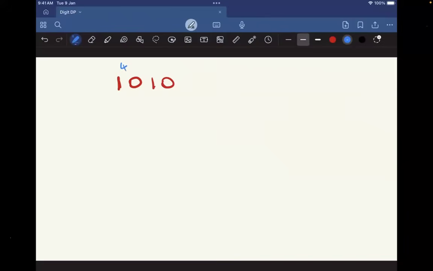What do I have to do? I can select any element from the string and remove it, and then the score that my score increases by is the number of indices i such that s_i is not equal to s_(i+1). Okay, guys?